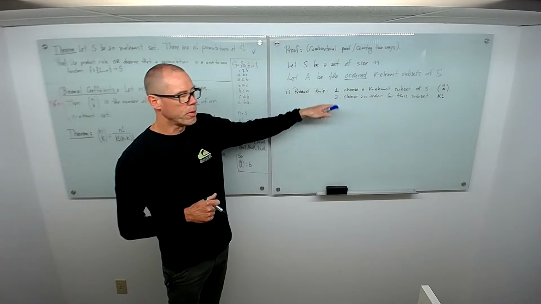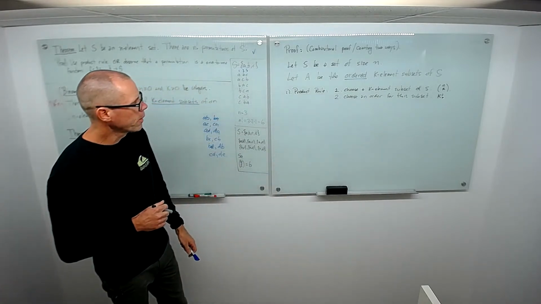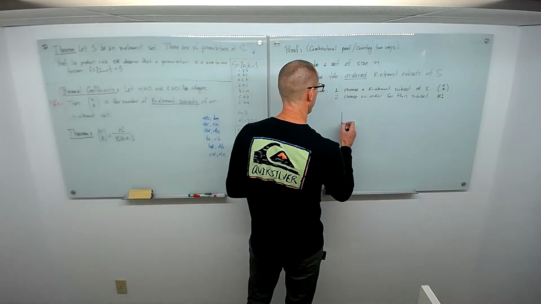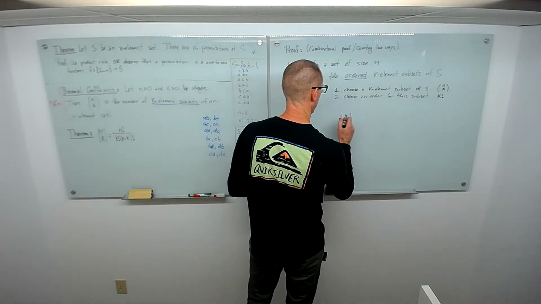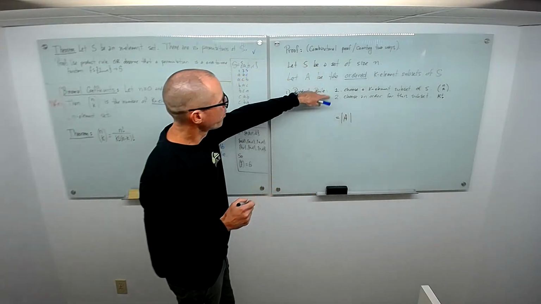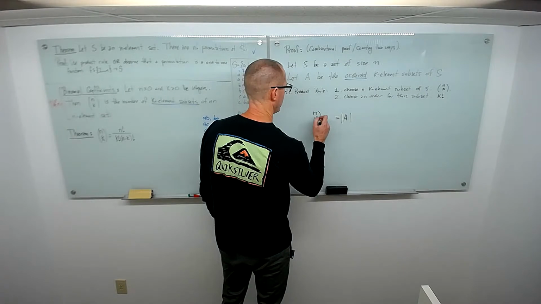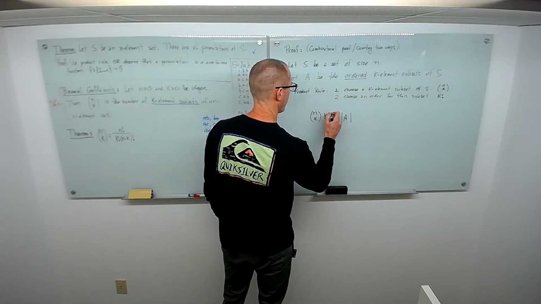The elements are the same and the order is different. Okay. So that tells me that the size of A is equal to the product of these 2 things, N choose K times K factorial.